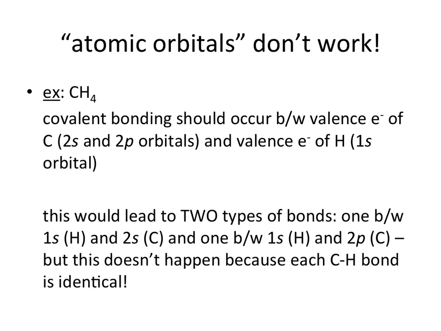Another reason we know that the localized electron model doesn't work is that if we look at a more complicated example, such as CH4, we would expect covalent bonding to occur between all the orbitals that contain valence electrons. In carbon's case, we have a 2s orbital and 2p orbitals that have electrons in their valence shell, and the hydrogen atoms have electrons in their 1s shell.